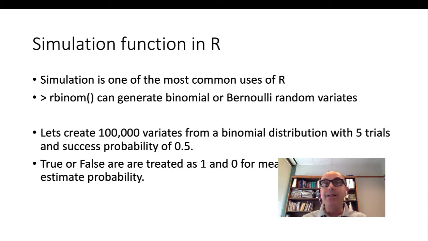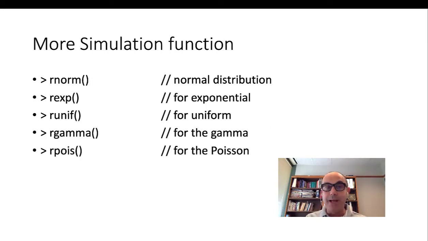Simulation in R is also part of our discussion, and simulation is one of the most common uses of R. The function to do simulation is rbinom, which will generate binomial random variables. So to create 10,000 variables from a binomial distribution with 5 trials and success probability of 0.1, true or false are treated as 1 and 0, which allows us to estimate probability.